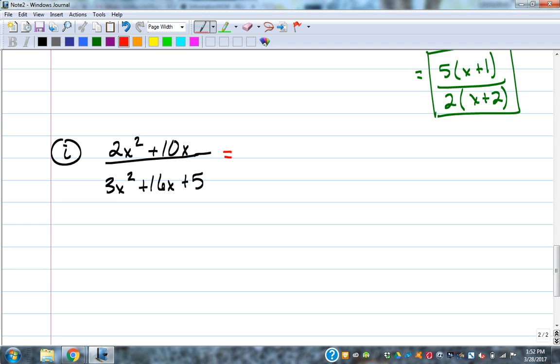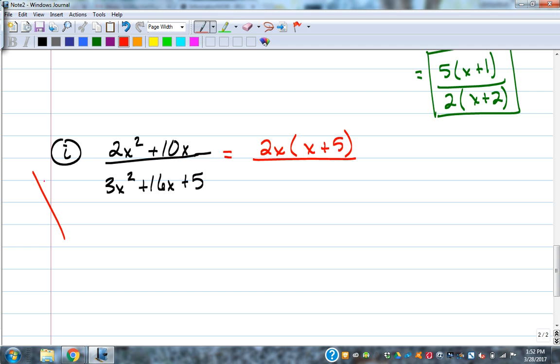Let's get the factored form of the numerator and the denominator here. So in the numerator, what's it going to be? That's the easy one. 2x and x plus 5, right?